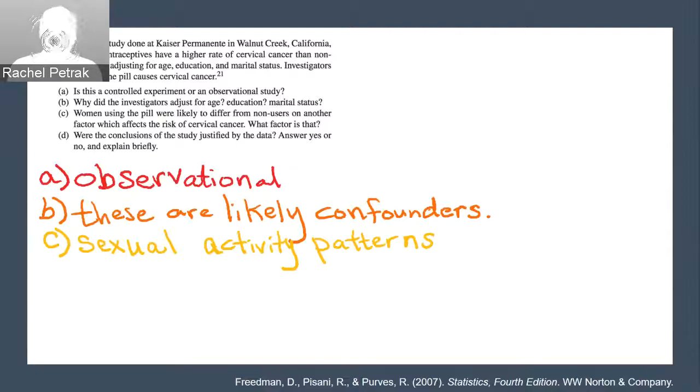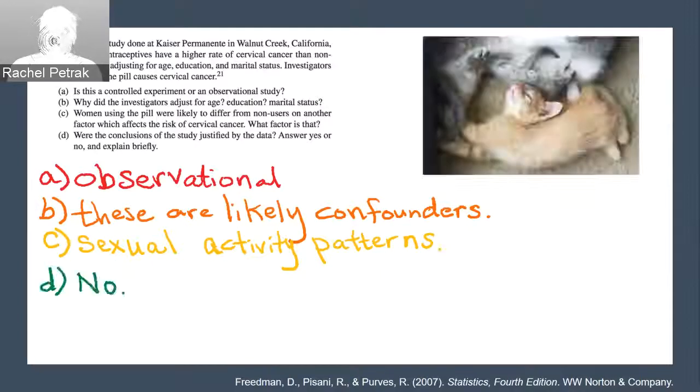Well, that is a big conclusion to make, and it's one that is too big for the scope of this study. If I wanted to conclude that the pill causes cervical cancer, you want to have some real data there and that is experimental, ideally in a double blind experiment.